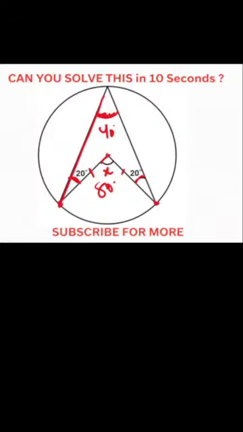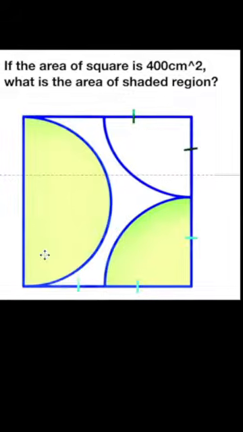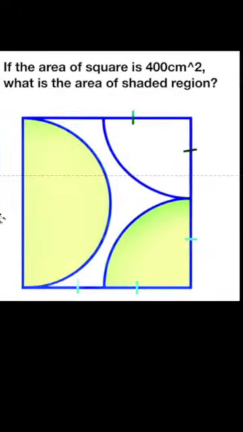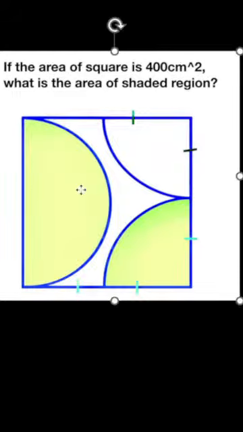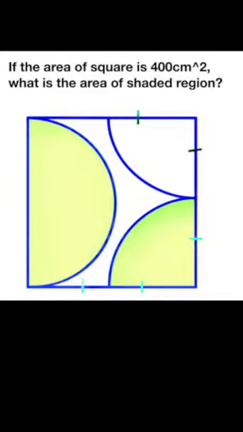Okay, let's have the next question and let's see how many of you can do that. We do have this question. Okay, in this question, let me just place it in a better way. Is it visible to you guys? Yes, now it's visible.